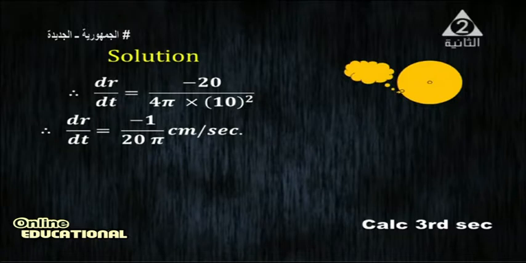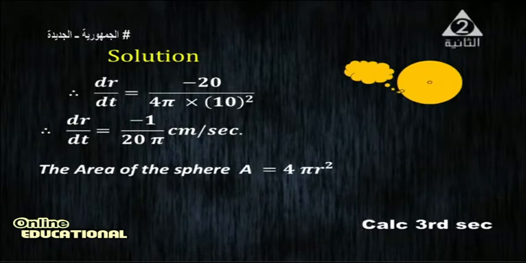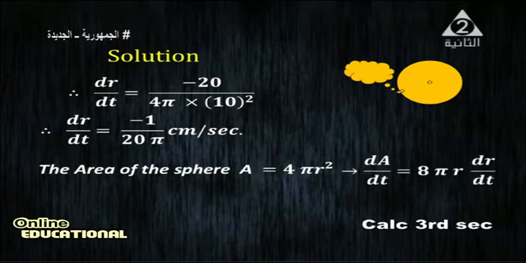Now what is the area of the sphere? The area of the sphere, A equals 4π r^2. By differentiating both sides with respect to the time t, dA/dt equals 4π times the derivative of r^2.